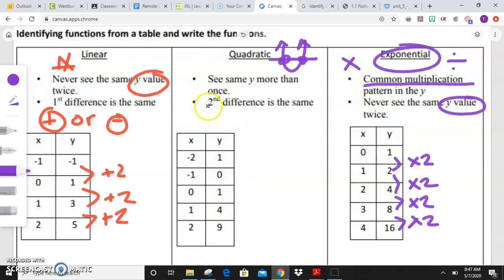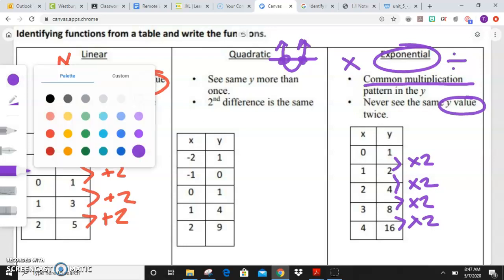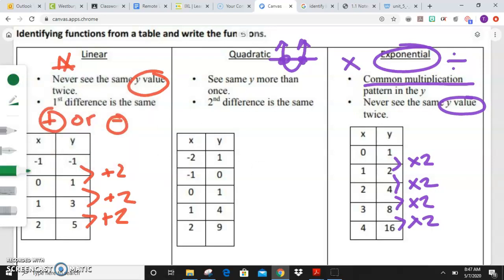This is where it gets a little different. This is going to be the second difference. I'm going to notice that from 1 to 0, that's -1. From 0 to 1, that would be a +1. From 1 to 4, that's a +3.